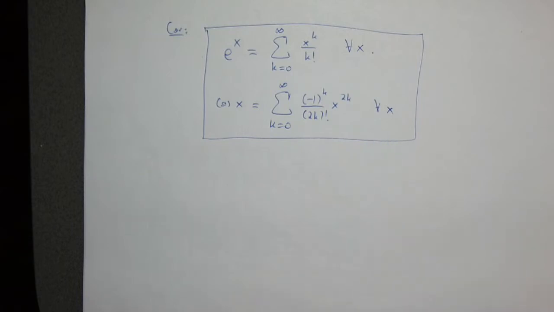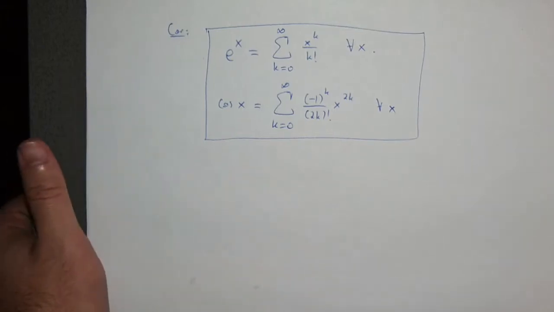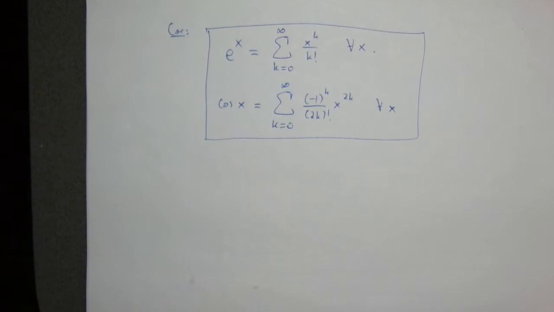we don't have to worry about some finite radius thing. You might remember topics like radius of convergence for a power series. For these, we don't have to worry about anything like that.